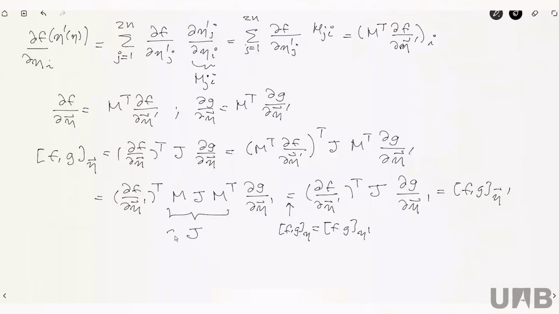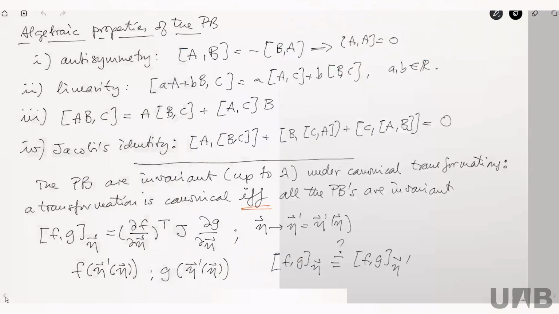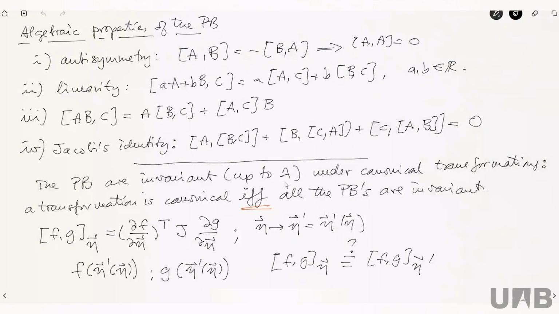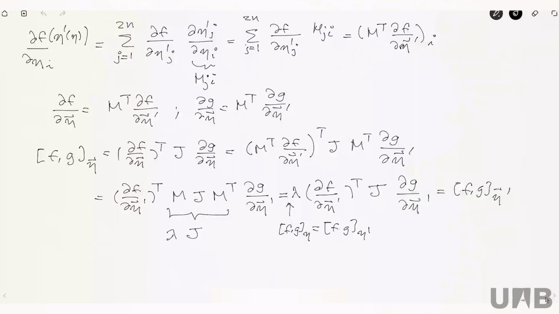Okay, if it is lambda J, then there is a lambda here. So that's why the statement is that the Poisson brackets are invariant up to lambda. So that's only for lambda equals 1. If lambda is not 1, then lambda multiplies the new Poisson bracket.